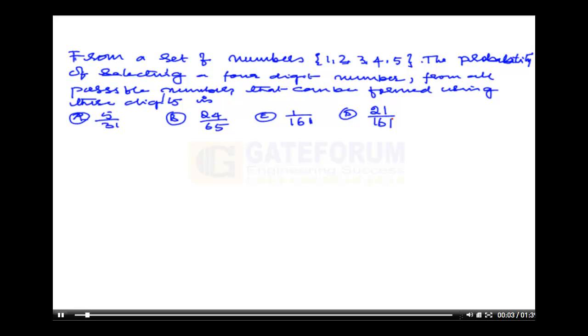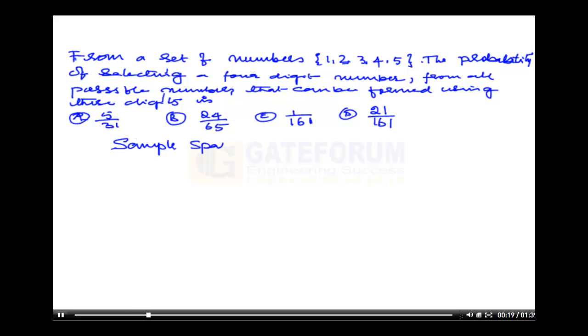We have to find the probability of selecting a 4-digit number out of all possible numbers which can be formed out of the given digits 1, 2, 3, 4, 5. First, let us find the sample space.